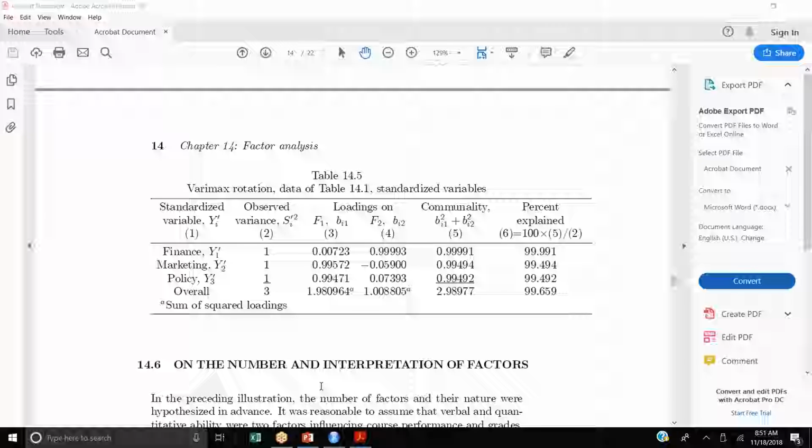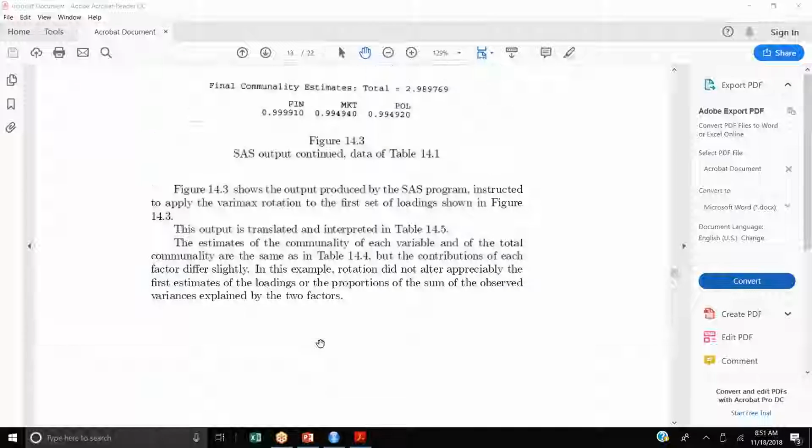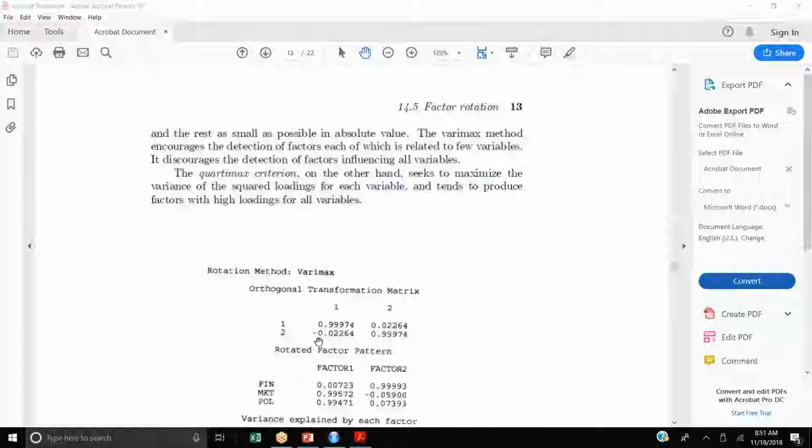Varimax does it explicitly. If you don't do that, you may not get independent dimensions. They will have correlation; F1 and F2 will have correlation. We don't want that. So here is the Varimax rotation for the same data. But remember, I have to talk to you a little bit about transformations there.